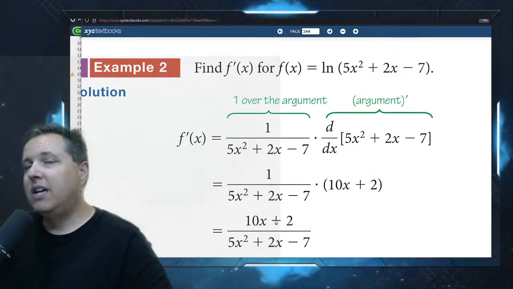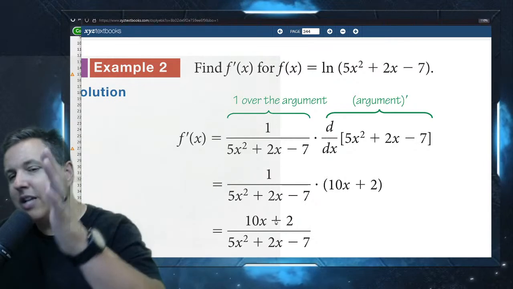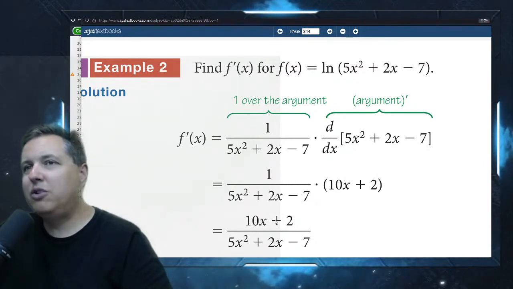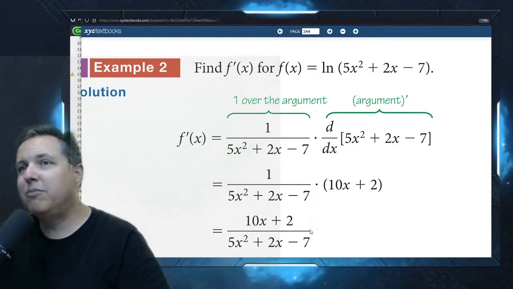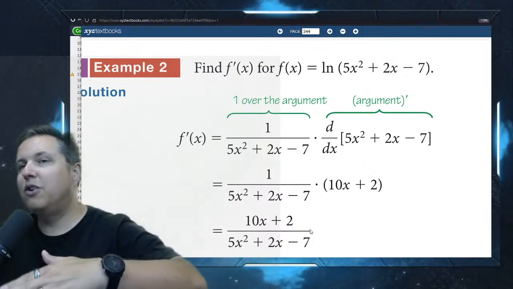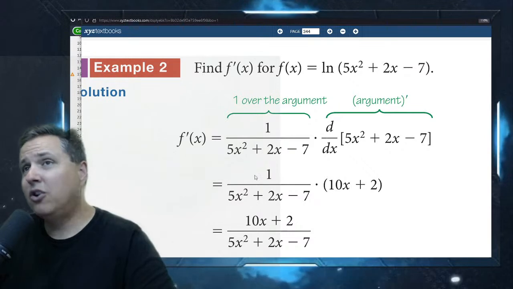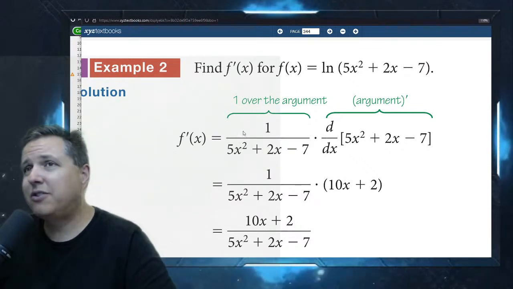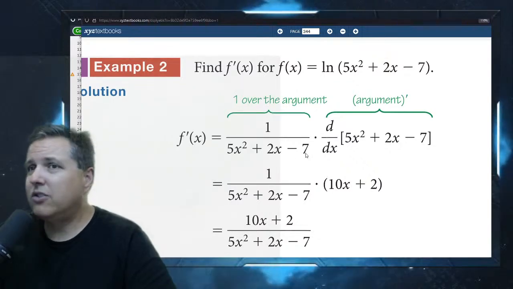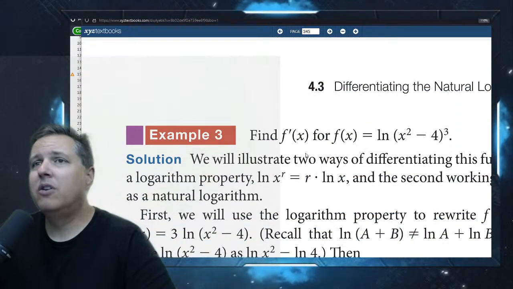I know the first time you see it, it can seem confusing, but once you've done about 3 of these problems, you'll be like, okay, I get it. The function goes in the denominator, its derivative goes in the numerator. It's also easy to understand. You don't have to memorize that. It's just the chain rule, which is all we're really using at that point.